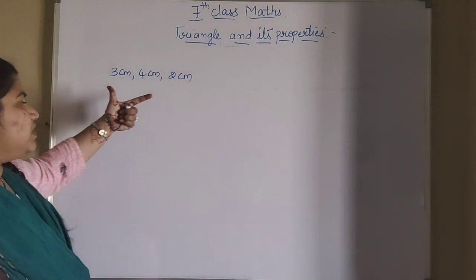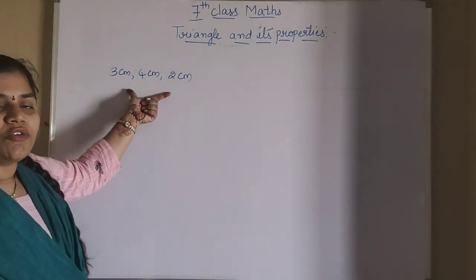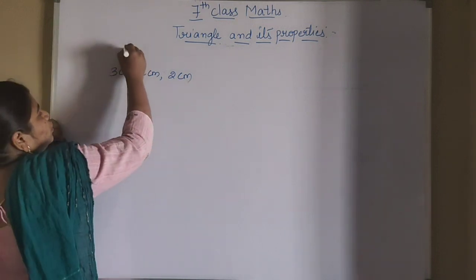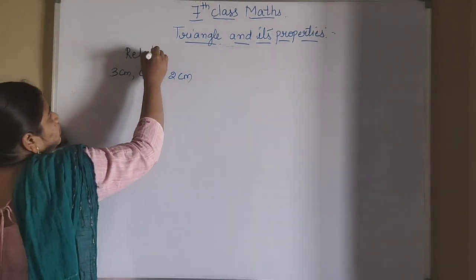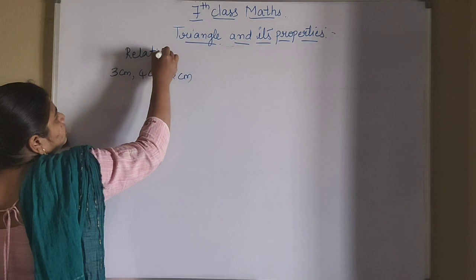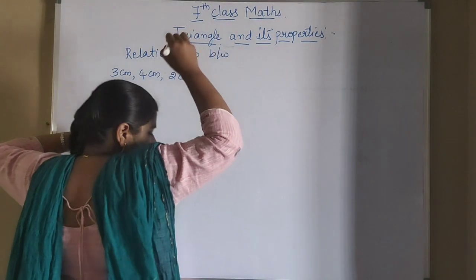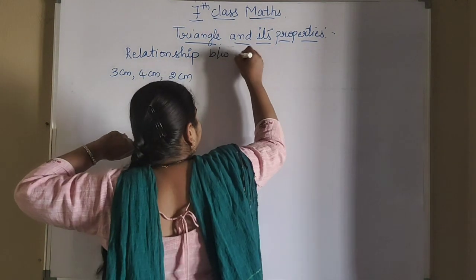From these given numbers, whether a triangle is formed or not, we have to check. So that is called the relationship between the sides of the triangle.